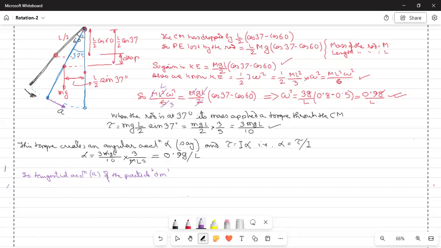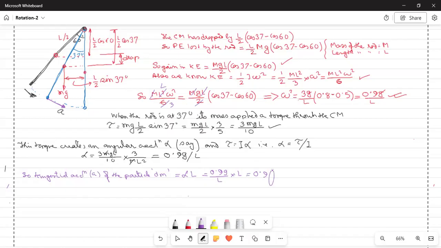So tangential acceleration A is equal to alpha r, which is alpha into length of the rod L. A is equal to alpha L, and alpha we have already found as 0.9 g upon L, multiplied by L, so it is 0.9 g.